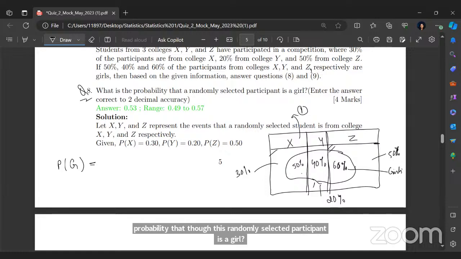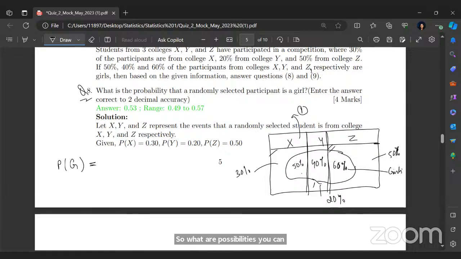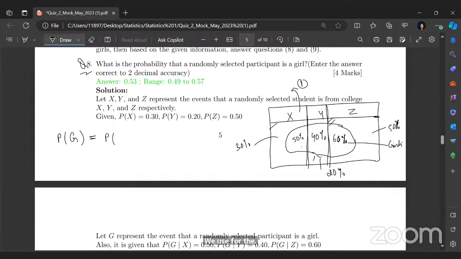So what are the possibilities you can have? One can be that this girl is coming from college X. We use total probability. So this is the union of girls.